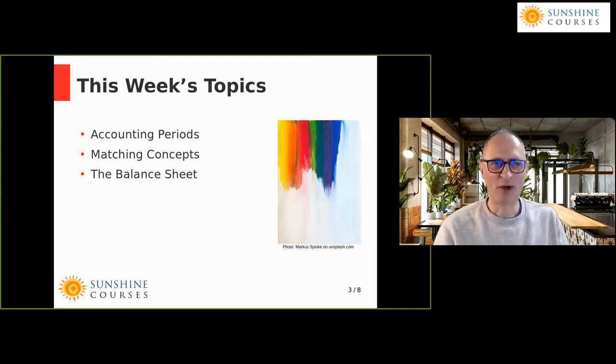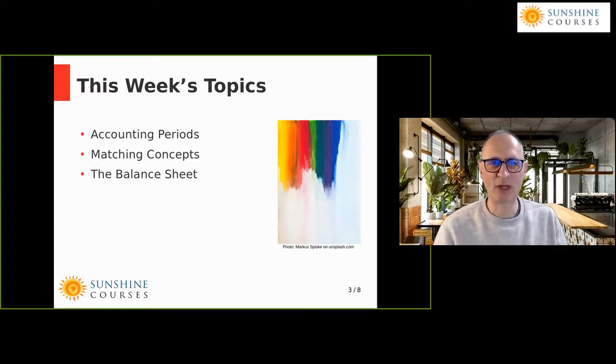This week, we're going to talk about the balance sheet. And in order to look through the balance sheet, the first thing we have to do is to understand what we mean by accounting periods. There's a concept called the matching concept, which I want to explain, which is really at the heart of the balance sheet and a core concept of accounting. And if you're looking at other people's accounts, the matching concept can be a bit confusing.